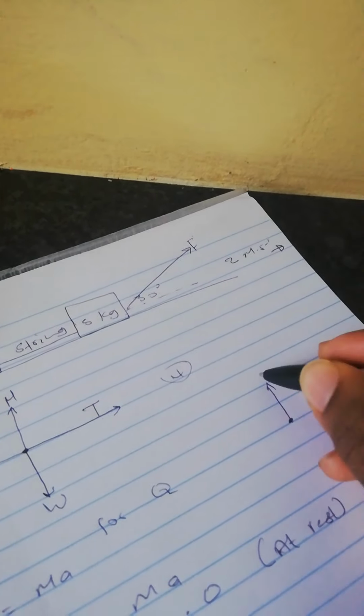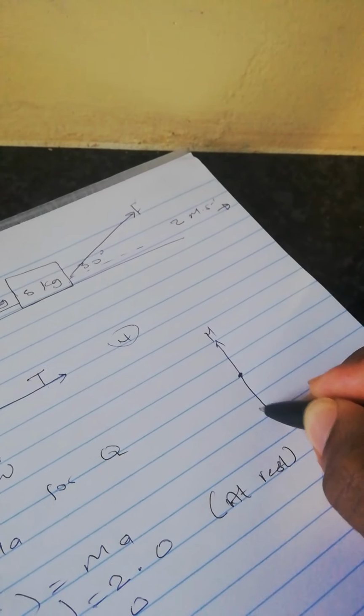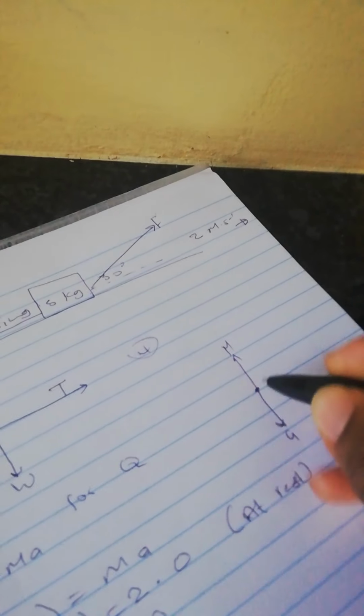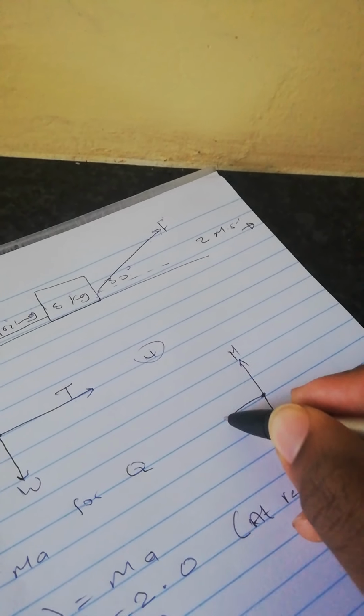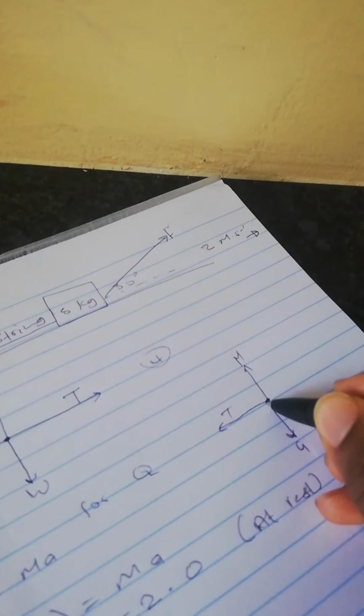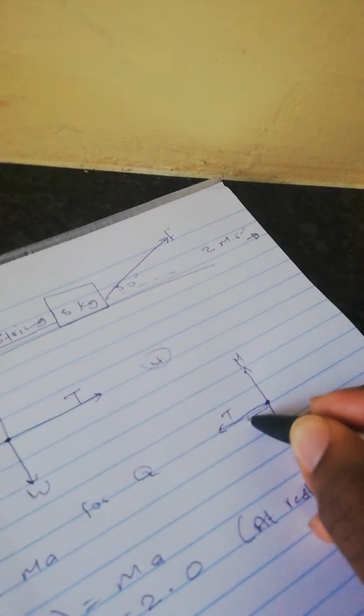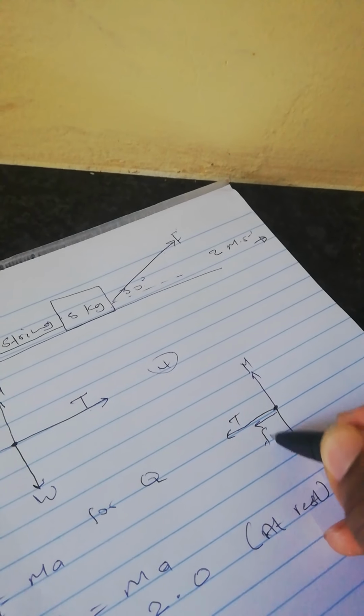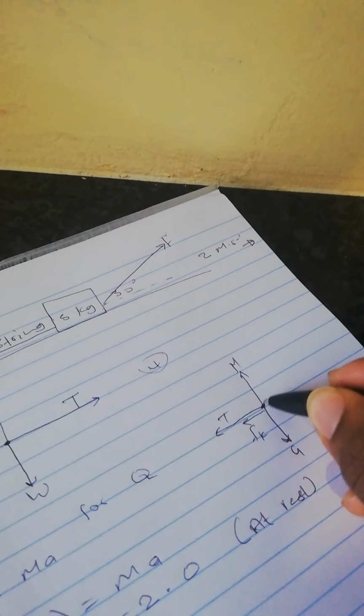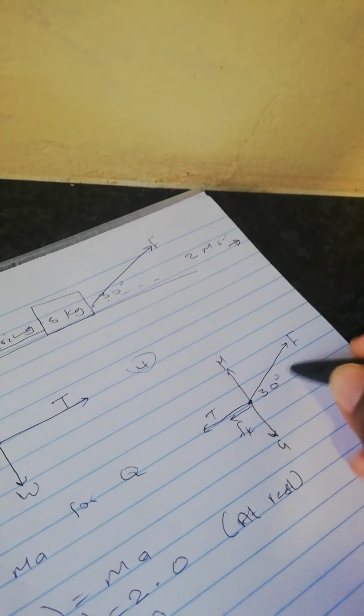We'll have the normal force, we'll have the G, and we'll have tension plus Fk, and then we'll have that one, the F, and then we'll have 30 degrees, or we can call it theta for now.